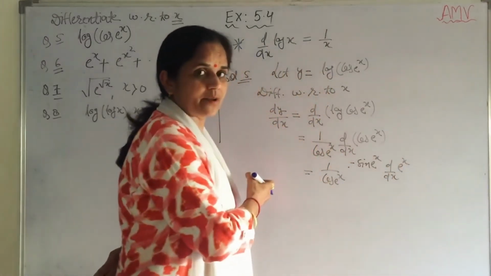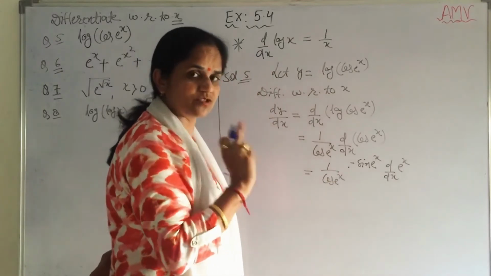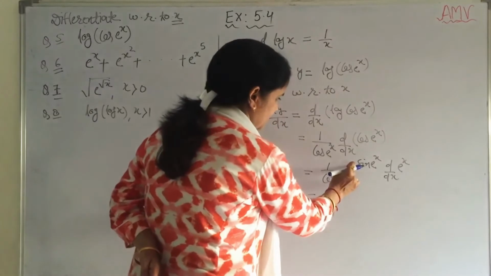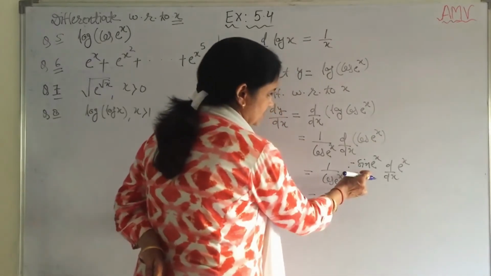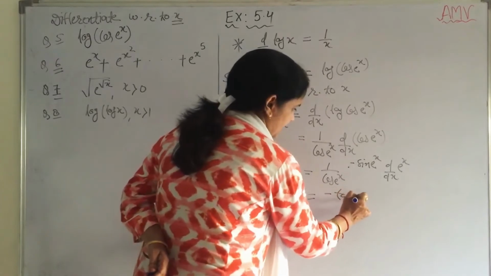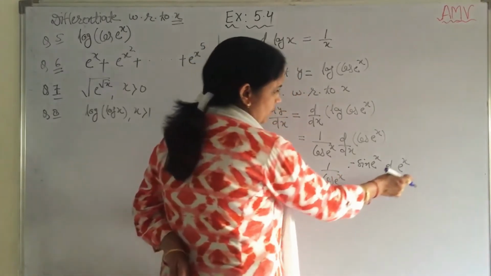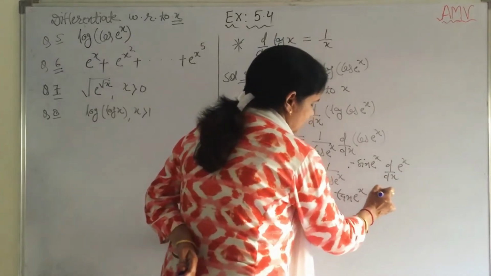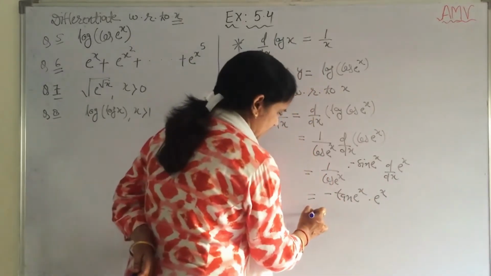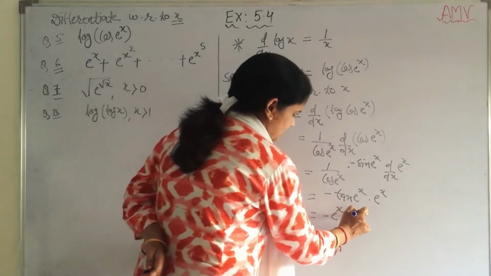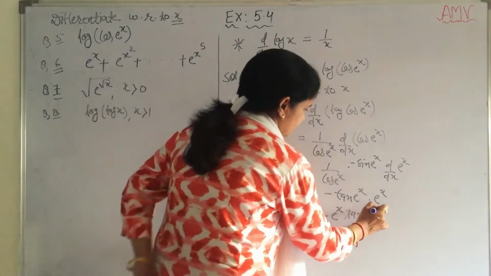Which rule are we applying here? It's the chain rule. So in the next step it's minus sin e raised to x by cos e raised to x, which is tan e raised to x. Now the derivative of e raised to x is e raised to x as it is. So you can write minus e raised to x tan e raised to x.